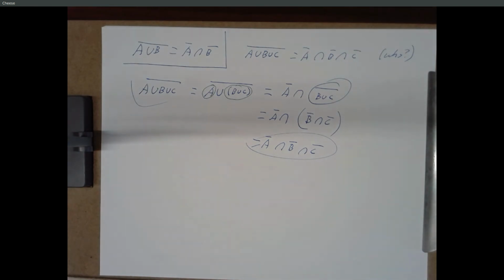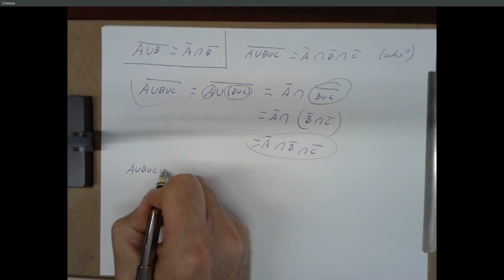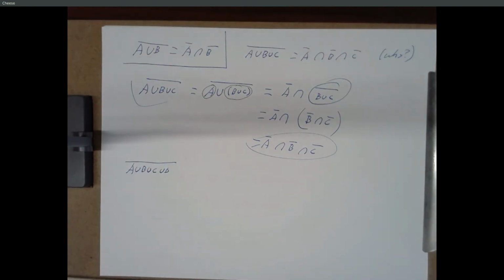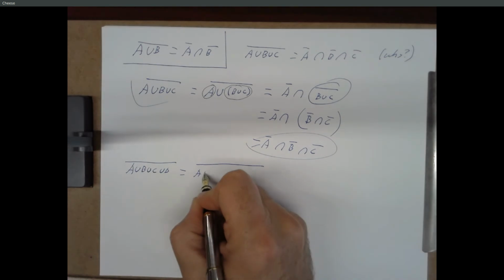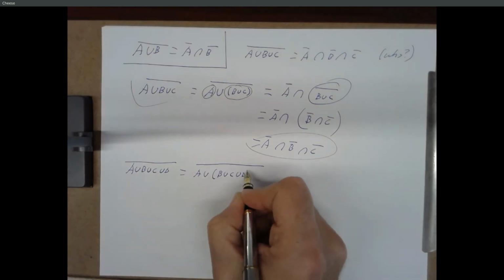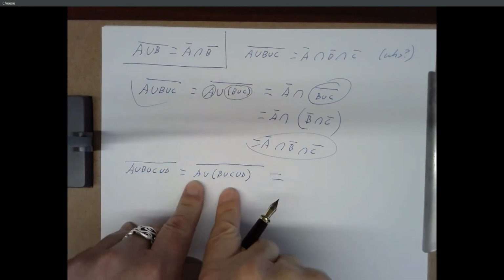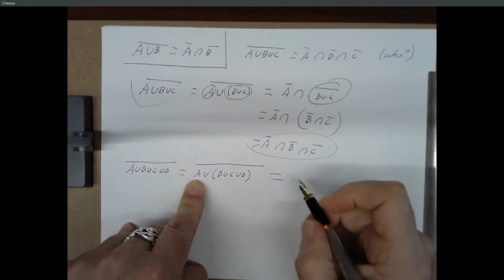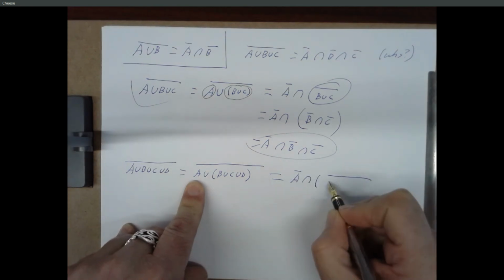You think it works for four variables? Good bet. So the complement of the union of A, B, C, D is the complement of A unioned with one other set, which is B union C union D. De Morgan's theorem, two things that we're unioning taking the complement, that should be the same as the complement of the first, intersected with the complement of the second.